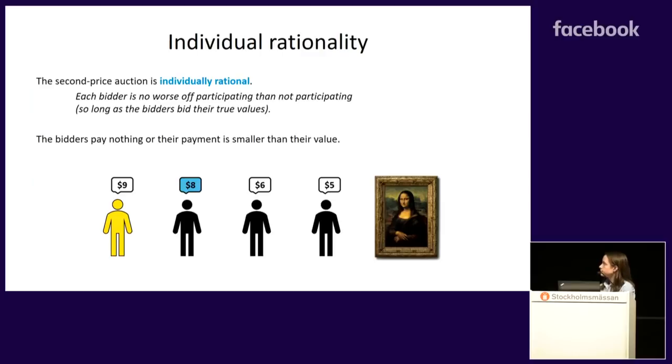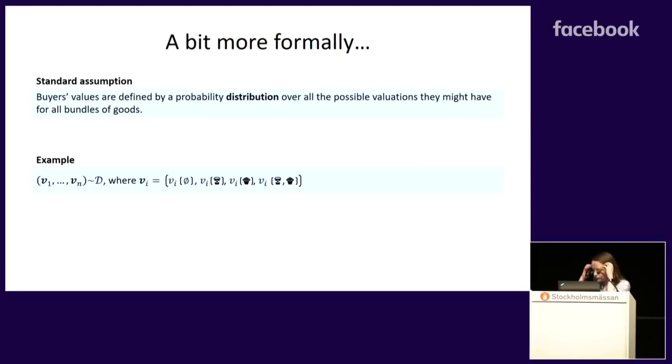Okay. So now I want to talk about individual rationality and incentive compatibility. Since they're such fundamental concepts in mechanism design, I want to talk about them slightly more formally. And to do this, I'm going to introduce a standard assumption that's been made for decades in economics and is actually very natural from a machine learning perspective as well.